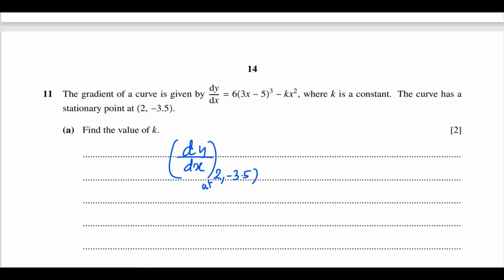So at (2, −3.5), or we can just write x equal to 2, 6 multiplied by (3 multiplied by 2 − 5) the whole cube minus k multiplied by 2 square equal to 0, because it's a stationary point, so dy by dx is 0.